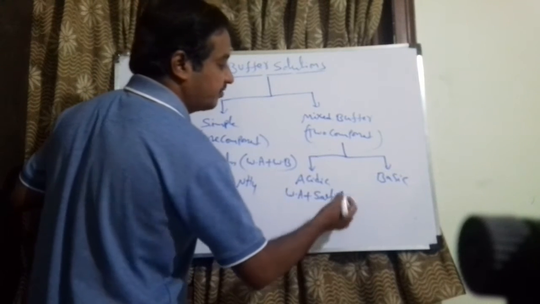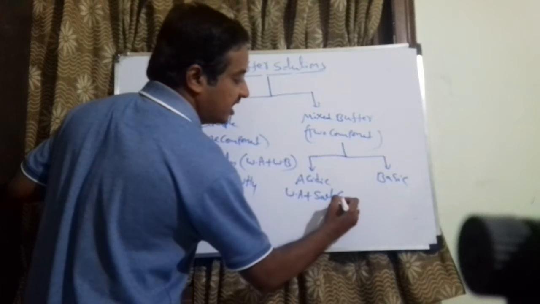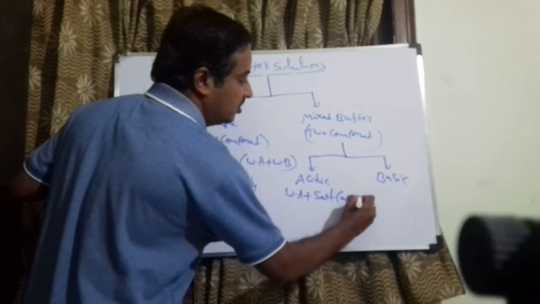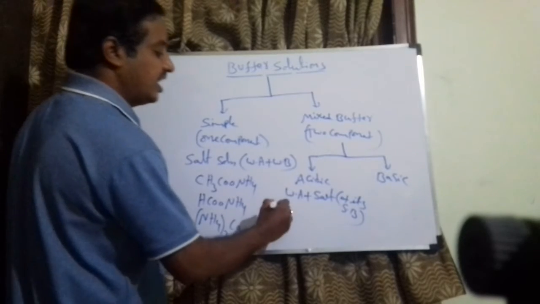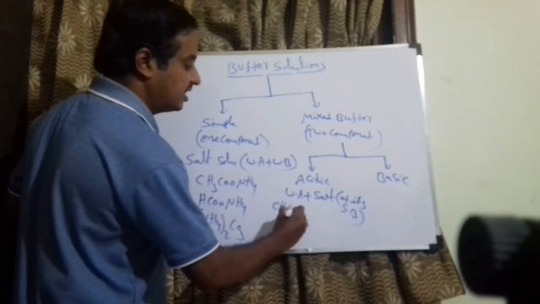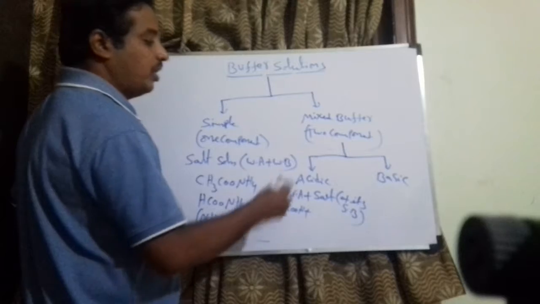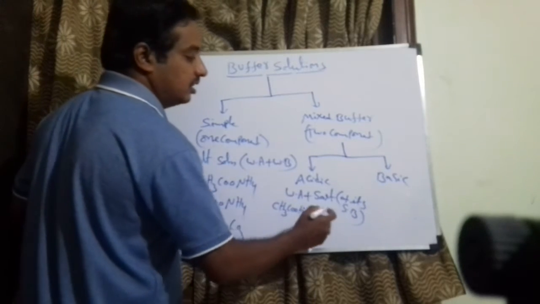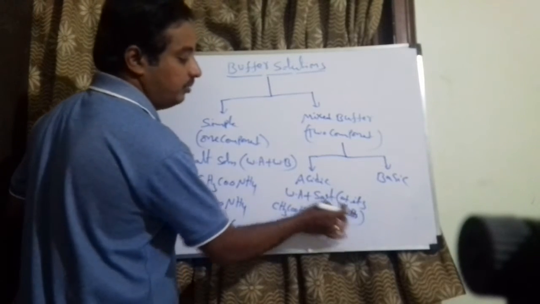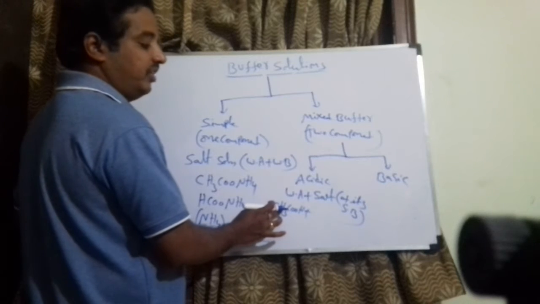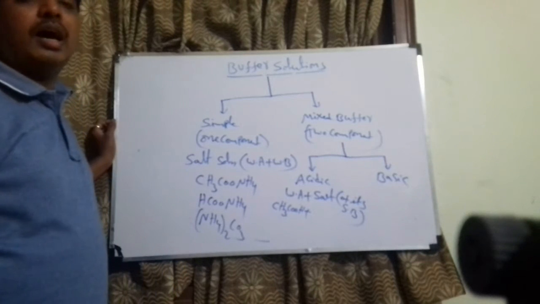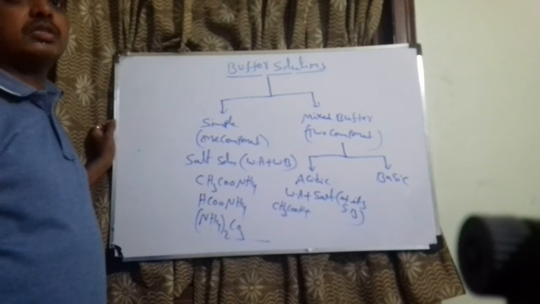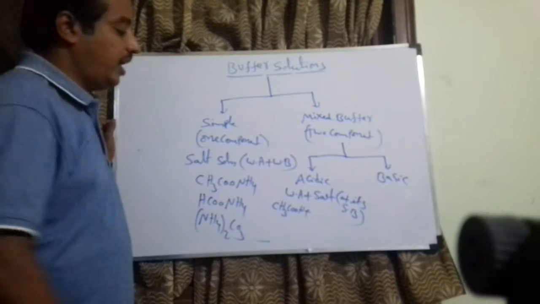The salt is obtained from the weak acid reacting with a strong base. For example, acetic acid. All alkali metal hydroxides are strong bases, such as sodium hydroxide.